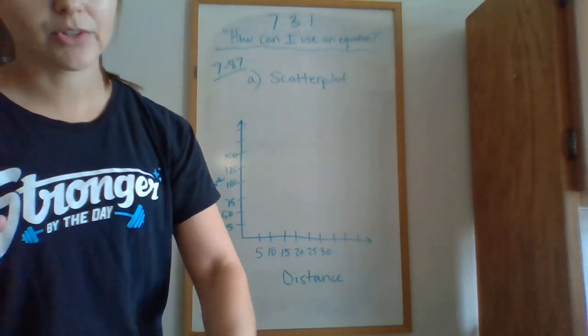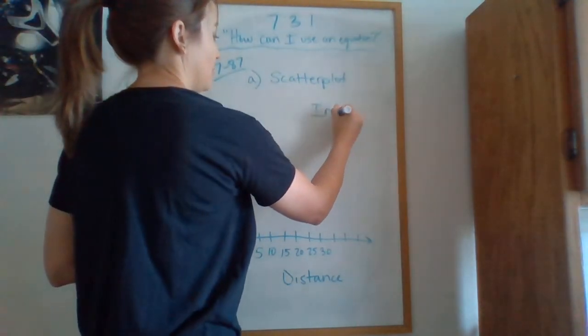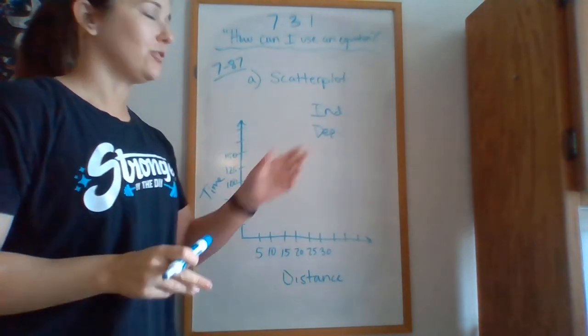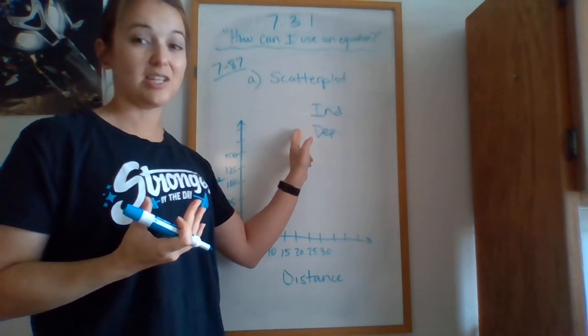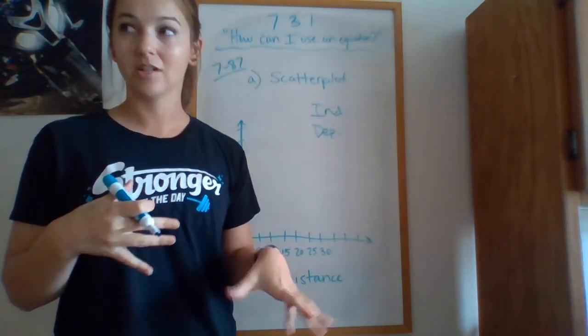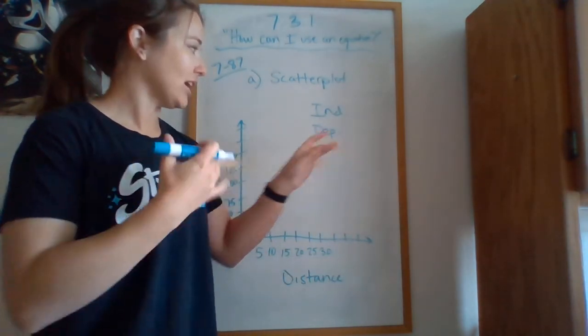So if you think about independent and dependent, independent can stand alone, and then dependent is like somebody who needs another person or needs this thing to survive or change.